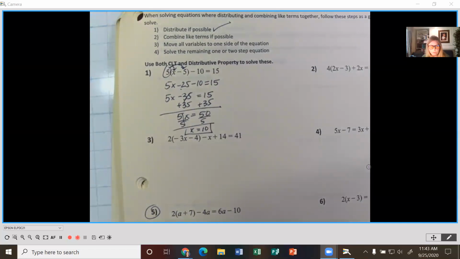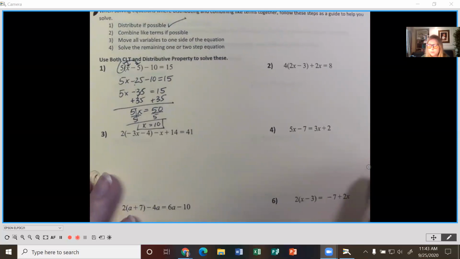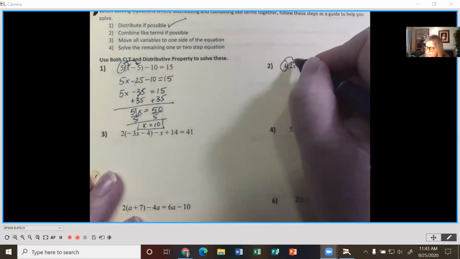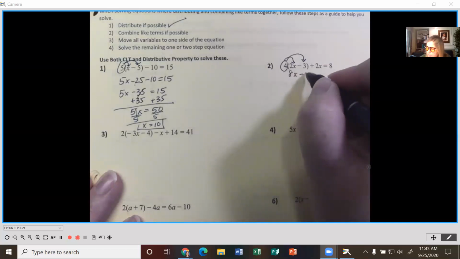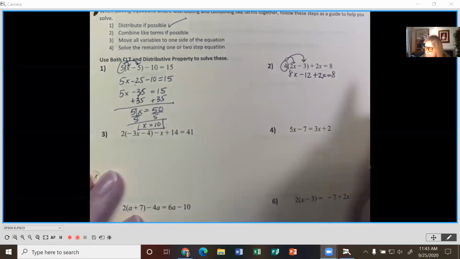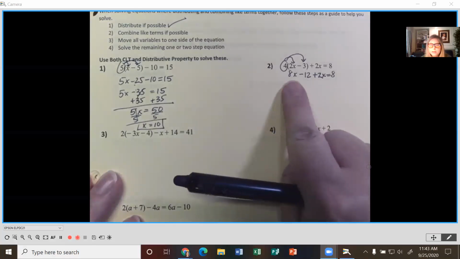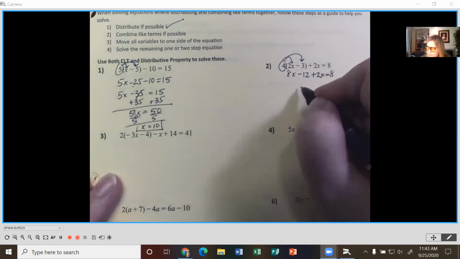Number 2, we're going to distribute the 4. Okay, so 4 times 2x is 8x. 4 times negative 3 is minus 12. Bring down the plus 2x equals 8. Okay, on the left-hand side, I have 8x plus 2x. Those are like terms. That'll be 10x.